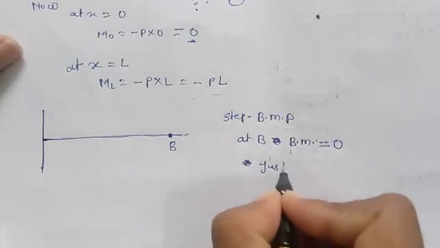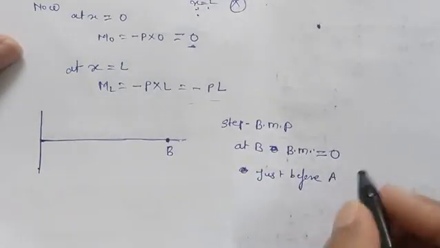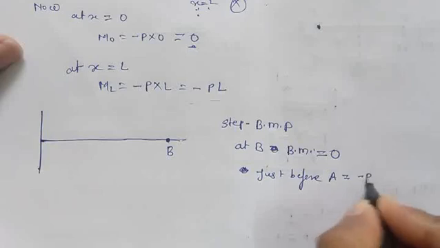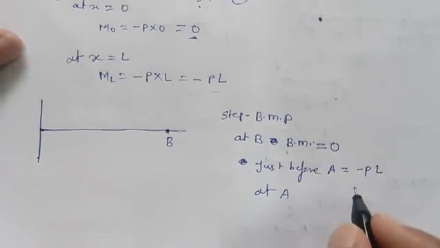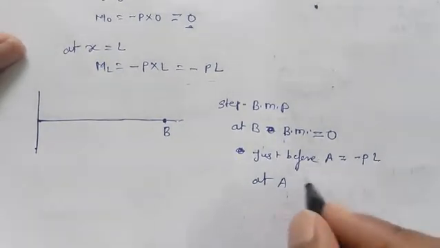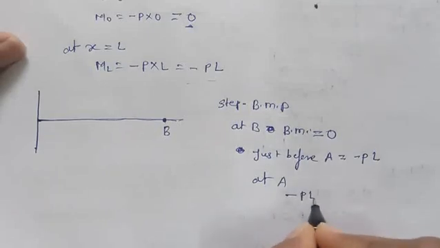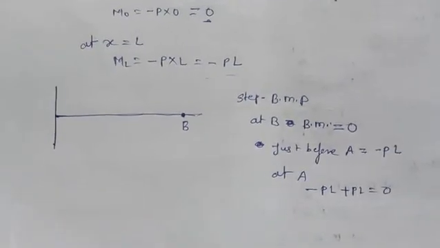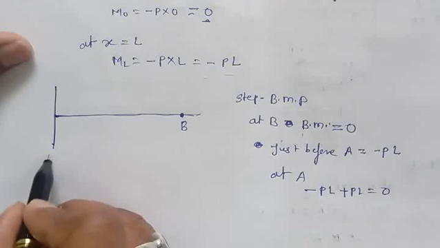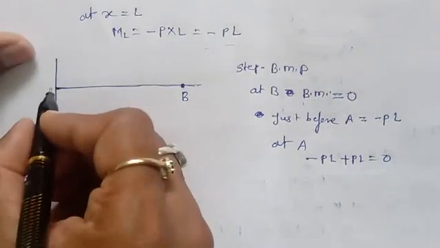Just before A, this will be minus PL, and at A, this will be minus PL plus PL equal to 0. Already we have calculated the bending moment at A, it was plus PL. So at A it will be 0 again.